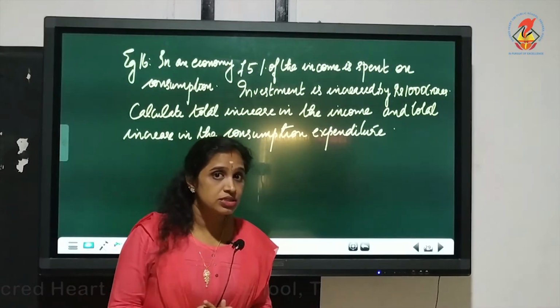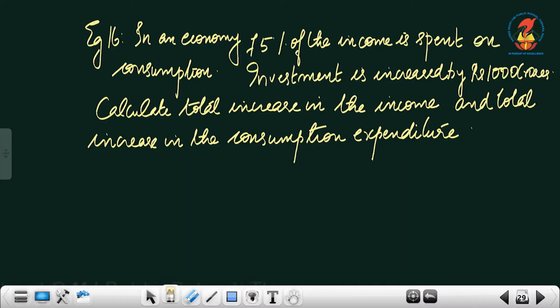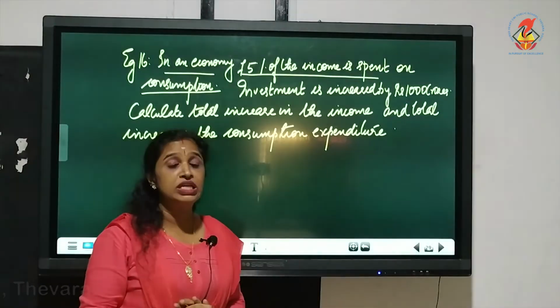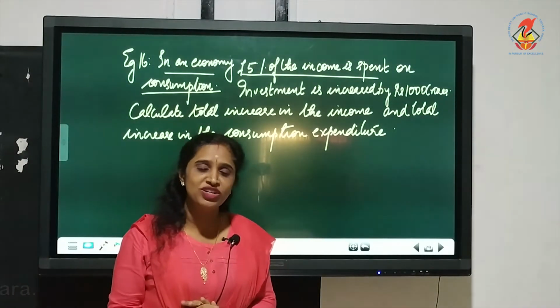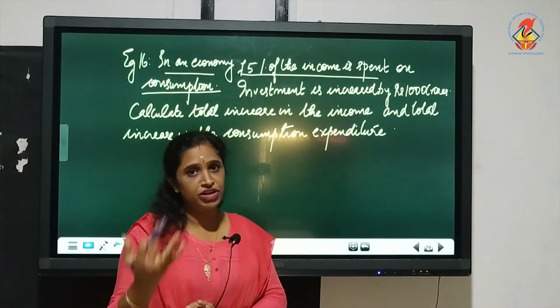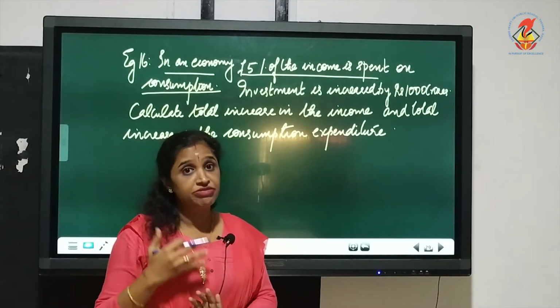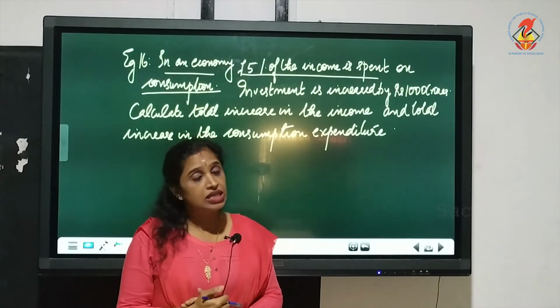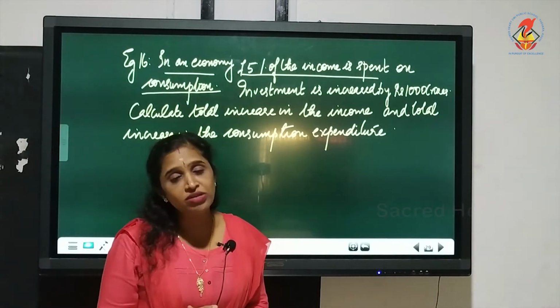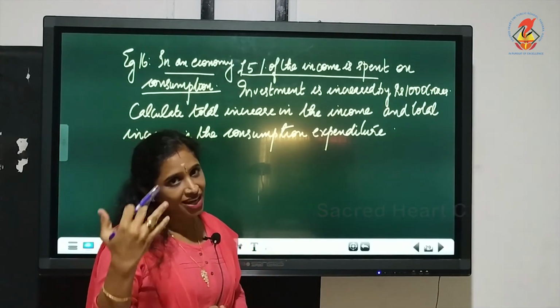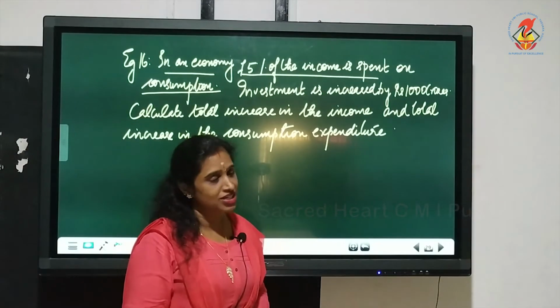Example number 16. In an economy, 75% of the income is spent on consumption. 75% of the increase in the income is spent on consumption. So, what kind of information is that? It means additional income is spent on consumption.